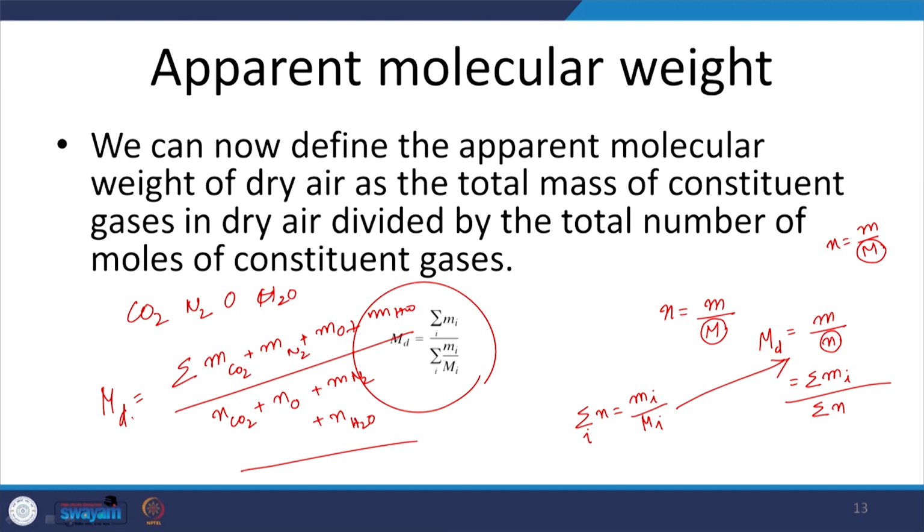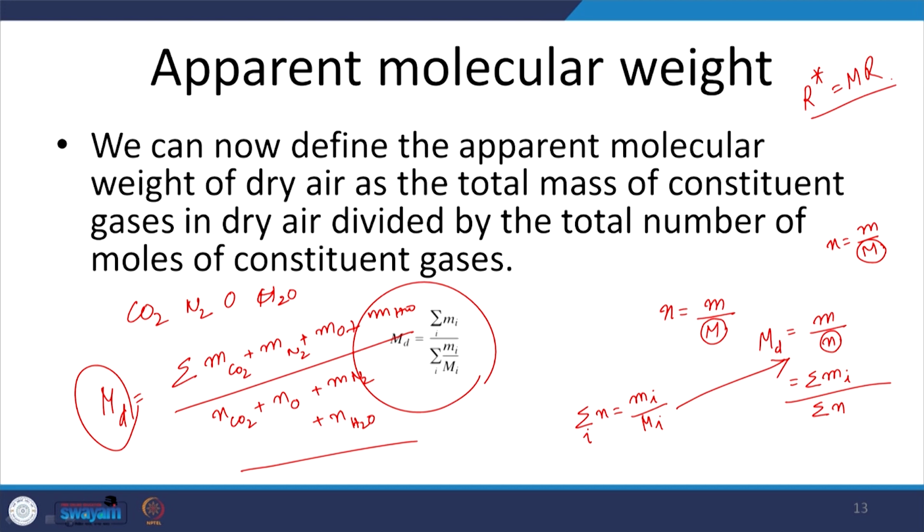So, why do you need Md? You have defined R star as capital M times R, right. That means if you want to calculate the specific gas constant of dry air at various concentrations, every time you change the concentration, the value of the specific gas constant will change, right.